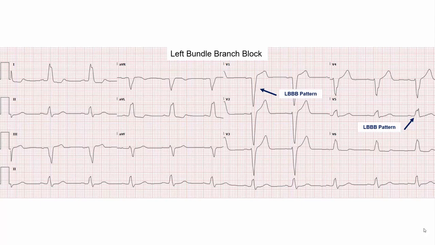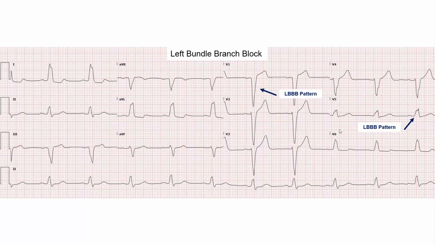So here we have an example of a left bundle branch block, and you can see the wide QRS complex with the deep S waves in V1 and the notched R waves in V5 and 6, which are meant to resemble your M shape. As you can see, William and Morrow is not always the most helpful to help you identify the bundle branch block.